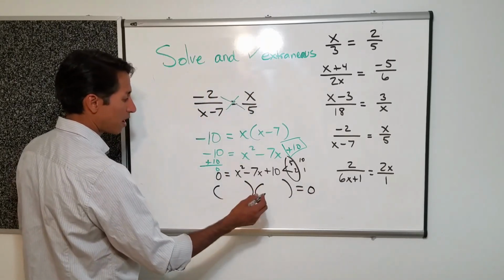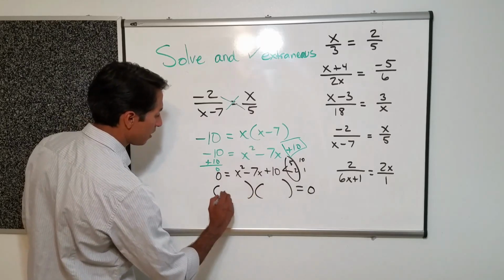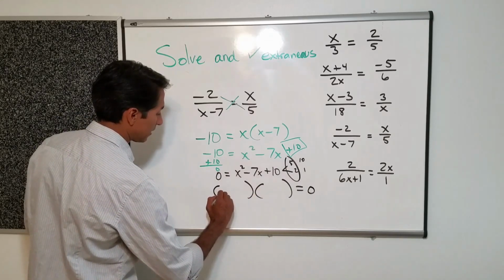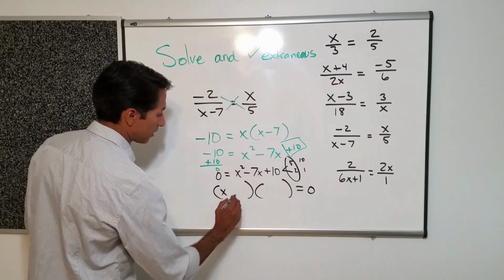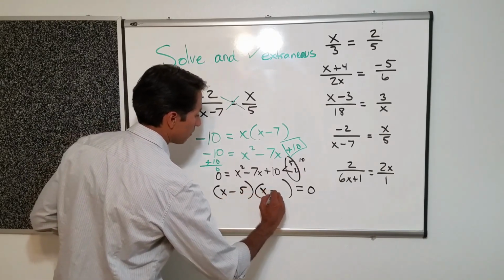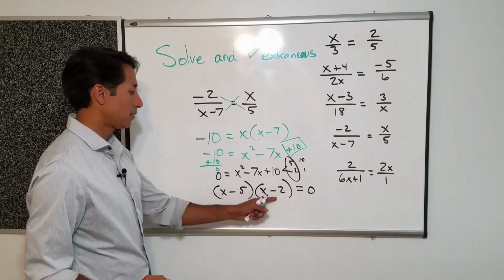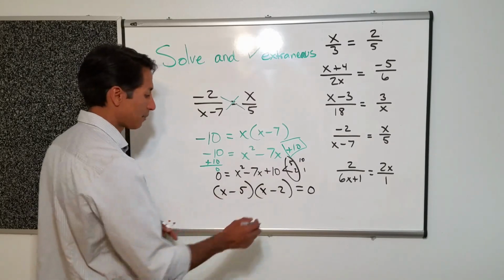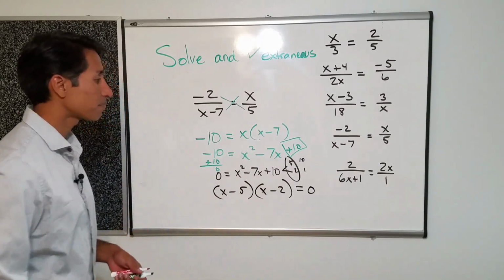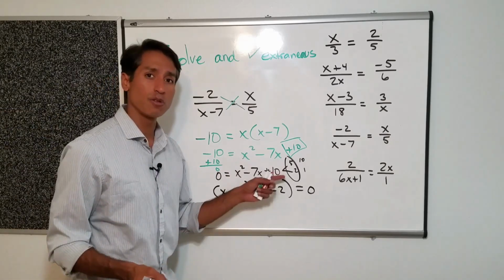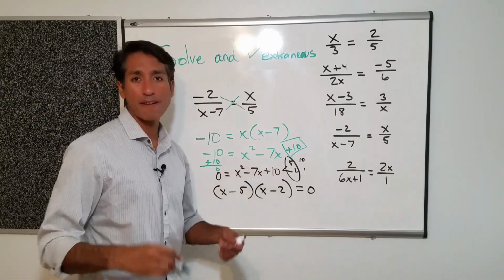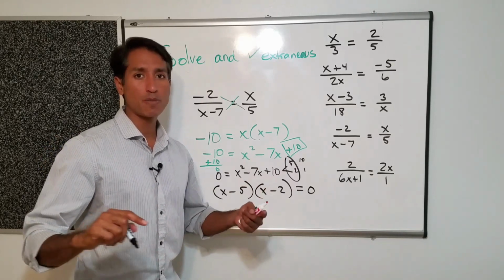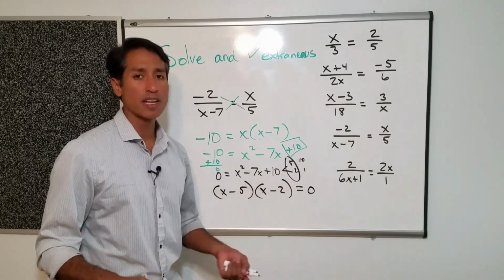Using the zero product property, I'm going to factor my trinomial. I'm going to get, let's see here, x minus 5, x minus 2, because a negative times a negative is positive, and when I FOIL it, I'm going to get a -7 in the middle. Again, if I'm going too fast through those rules, go back and check out my videos on FOIL, multiplying binomials, working with trinomials, and the zero product property.